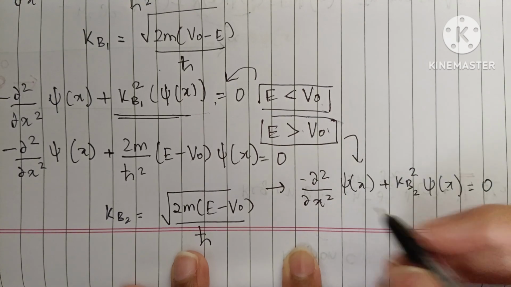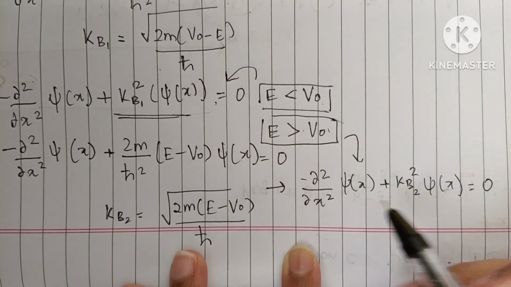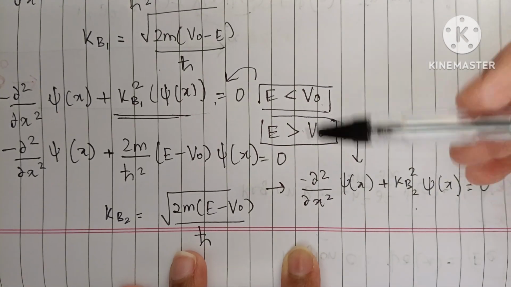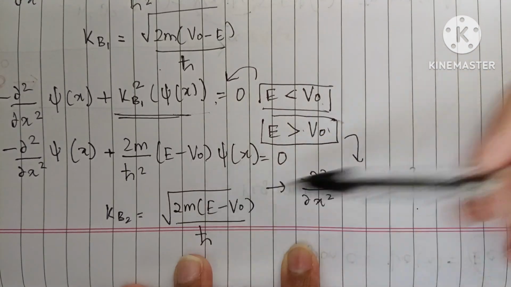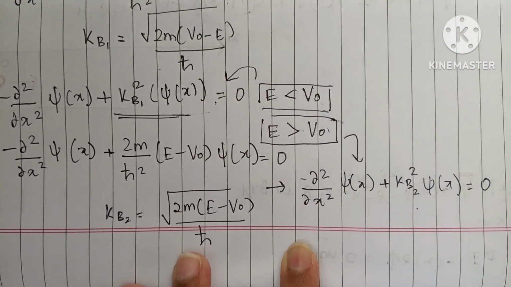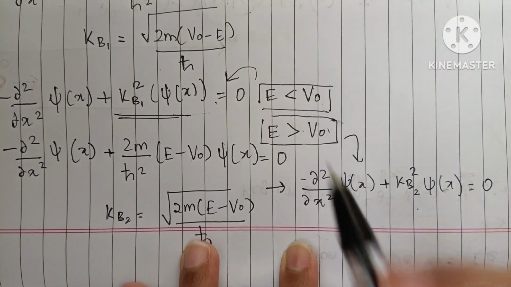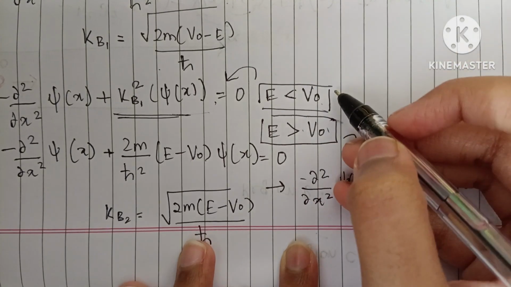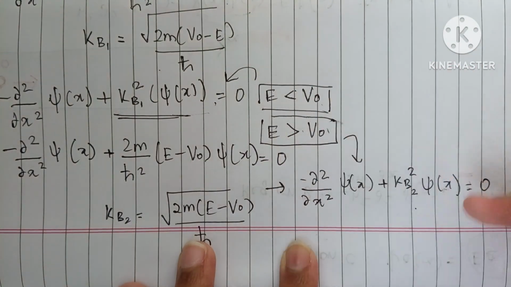For this, we can use a function with complex exponentials because it is above the barrier region. But for this, we need to use a function with real exponentials because it is inside the barrier region.